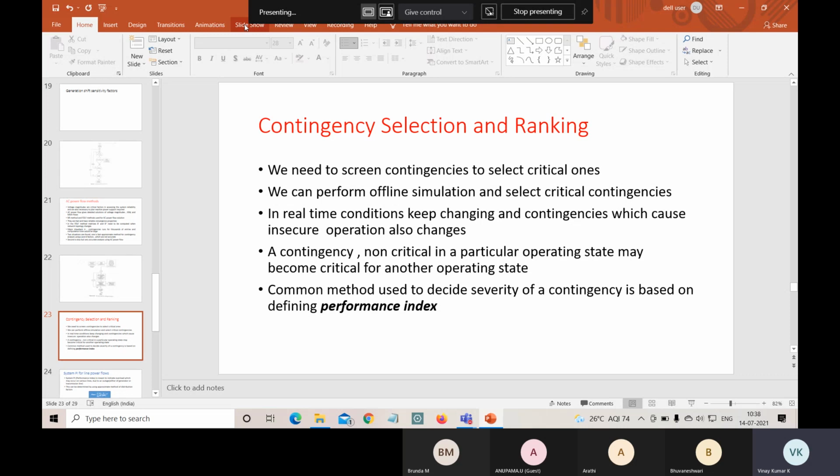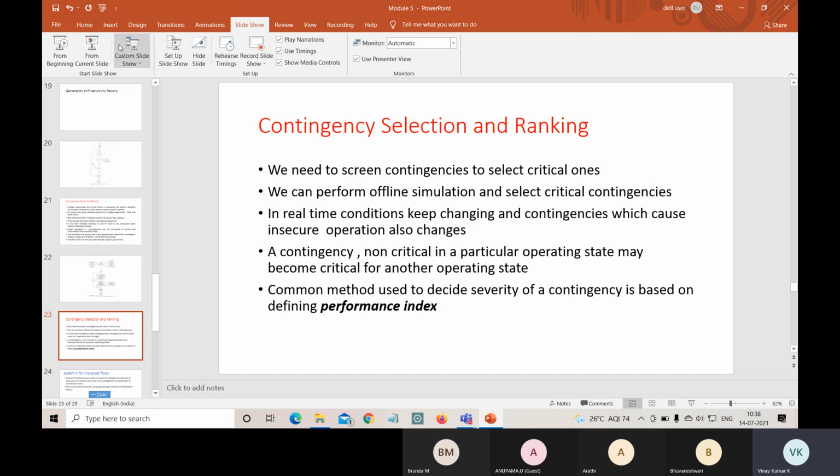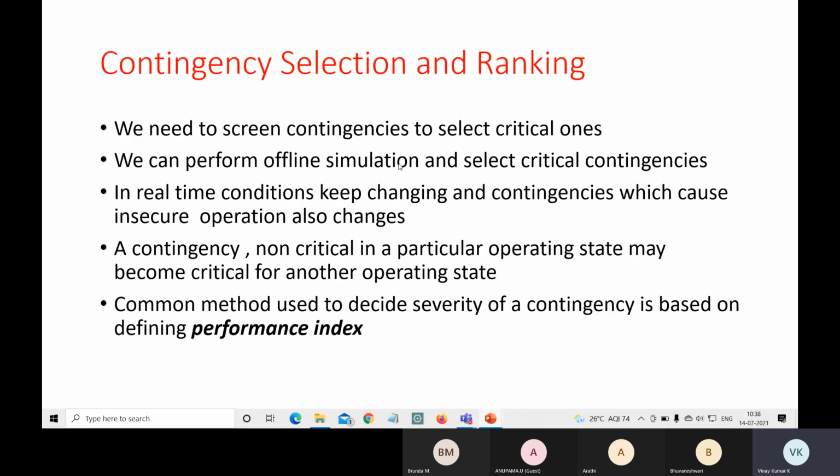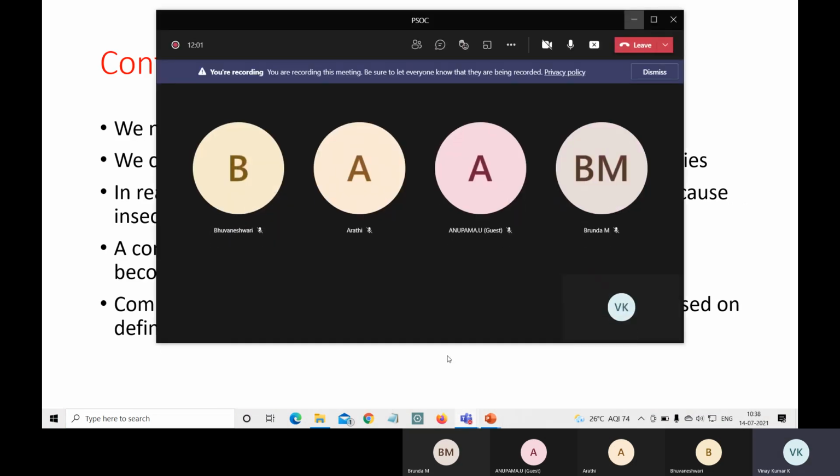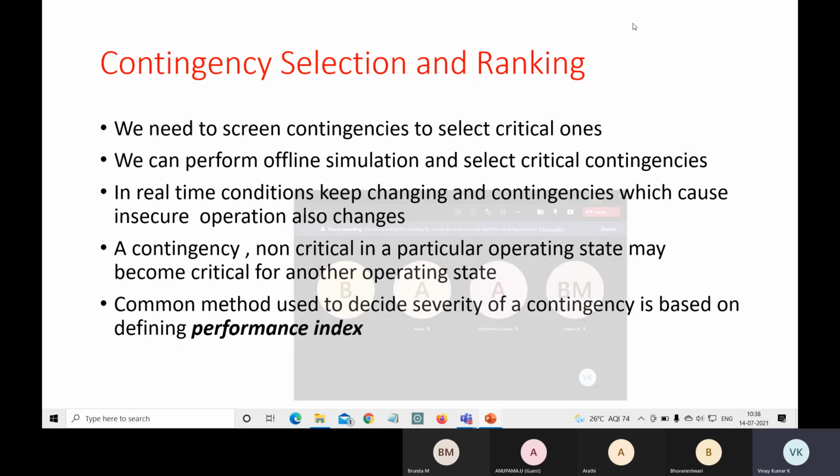If we want to select, we need to screen the contingencies to select the critical ones, which is most severely affected and which is less severely affected. For that analysis, we need to screen the contingencies for selection of critical ones.